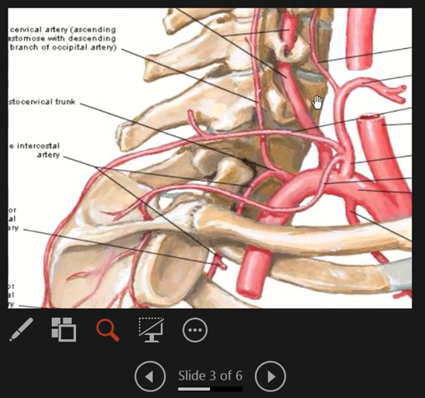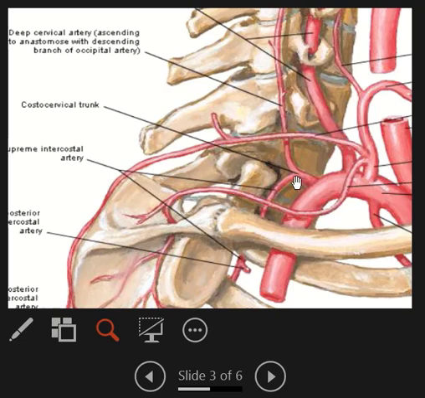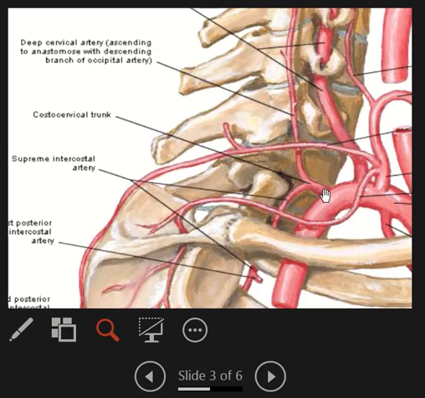The branches of the second part. This is the costocervical trunk. You see, this branch divides into 2 arteries.